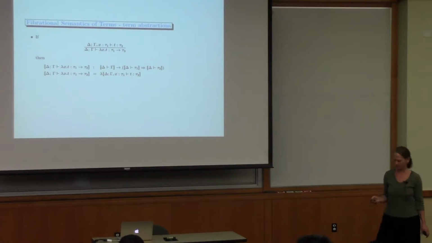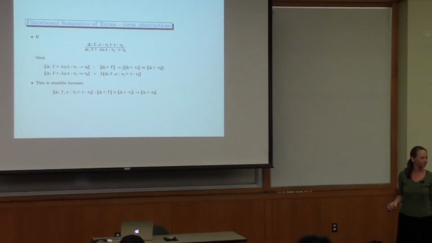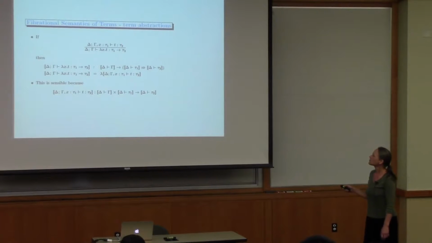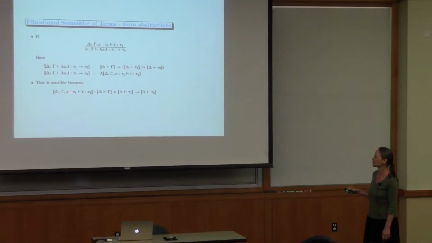Okay? So let's see why that's sensible. In order to form lambda x dot t, I had to have had that in a slightly larger context I could form t, right? So the induction hypothesis gives me that the interpretation in that larger context of t must go from the interpretation of its context, which is just the product of the interpretation of gamma and the interpretation of tau 1, to the interpretation of tau 2. Okay?